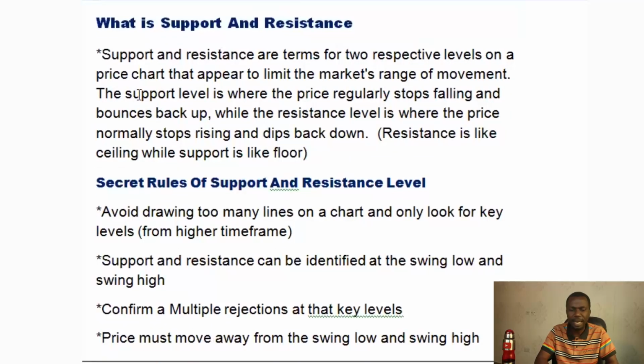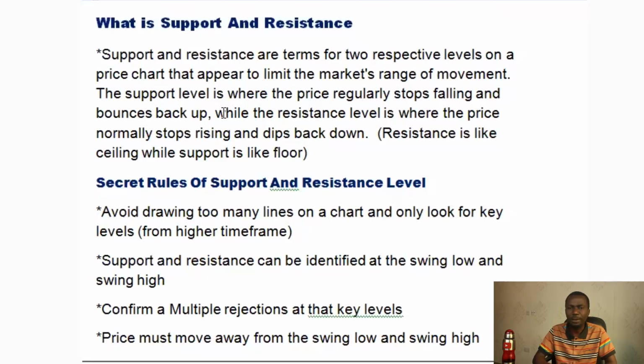So let me look at what we have treated so far in this video. We have looked at the meaning of support and resistance, right? And we are able to define what support and resistance is. Like I said, support and resistance are areas on a price chart where there is buying and selling pressure. So the support level is like a floor, while the resistance level is like a ceiling.